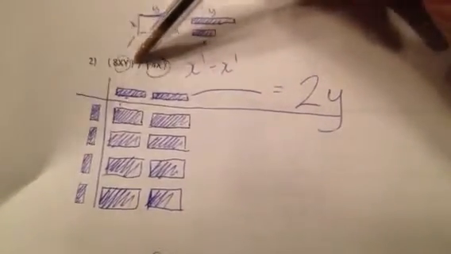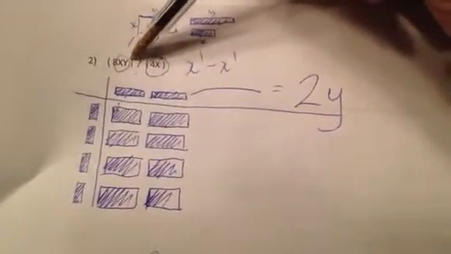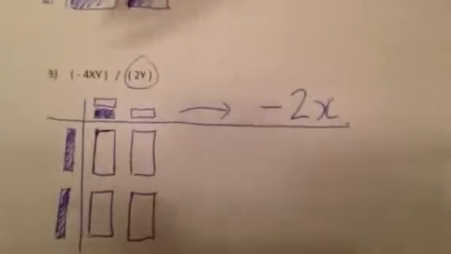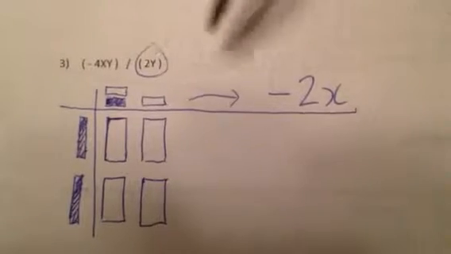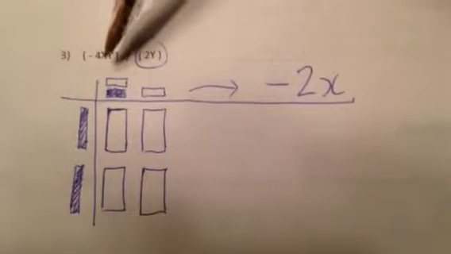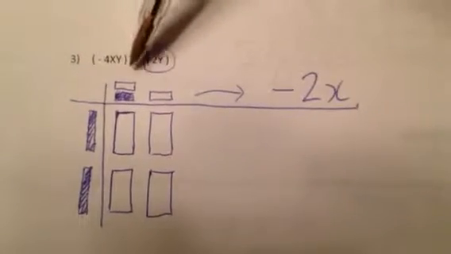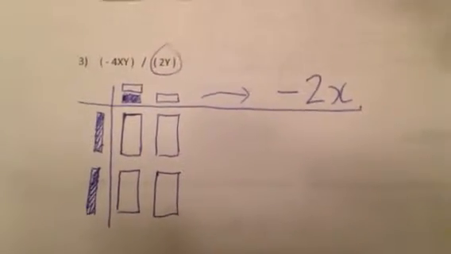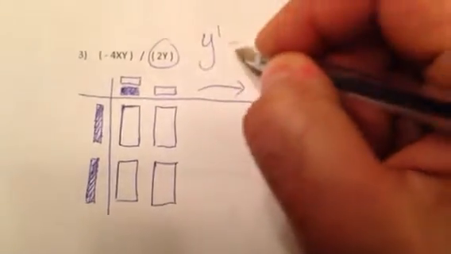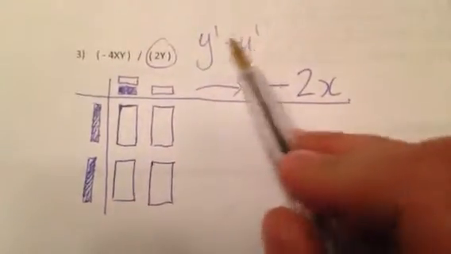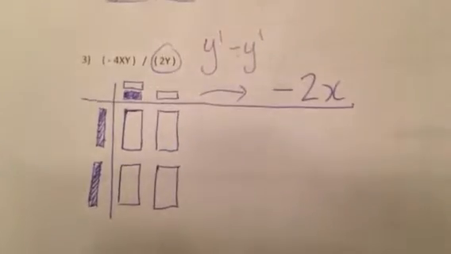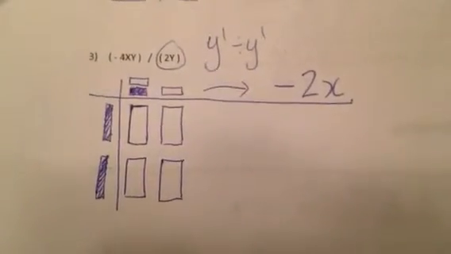And then y is all by itself, so it stays aboard. Here we have negative 4 divided by 2 is negative 2. No x's here, so the x stays, but y1 divide y1. Again, y1 divide y1. You keep the y, you subtract the exponents. 1 take away 1 is 0, so you have no y's, and that's the rule.